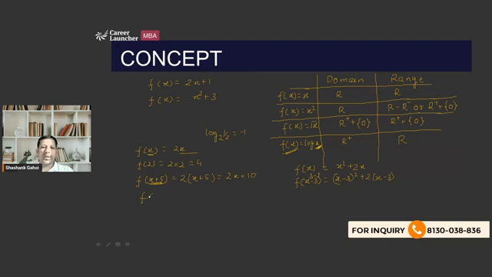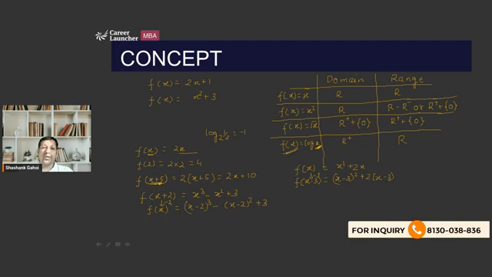Now if I have f(x plus 2) as x cube minus x square plus 3, and the question asks what is the value of f(x), what is the approach we are going to take? I have to decrease x plus 2 by 2 so that I can get x. So I am going to replace x by x minus 2. So it is going to be (x minus 2) whole cube minus (x minus 2) whole square plus 3, and that's what we are going to get.